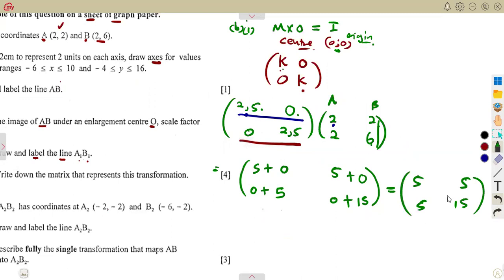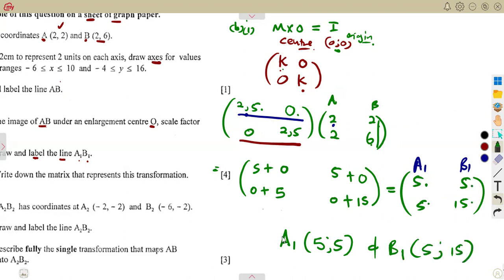All right, so this is the image. This was AB. This is A1, B1, the image of AB. Meaning to say, we have the point A1, 5, 5, X versus Y. And we also have the point B1, 5 versus 15, X being 5, Y being 15.